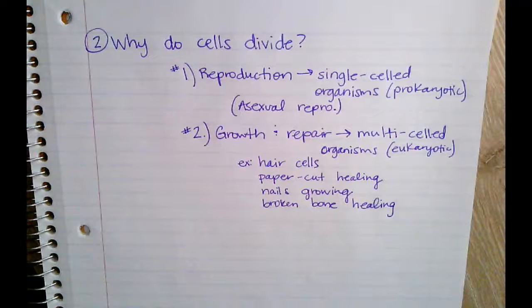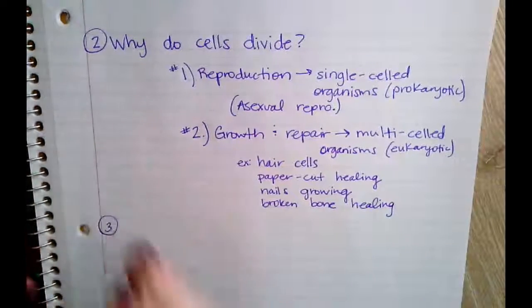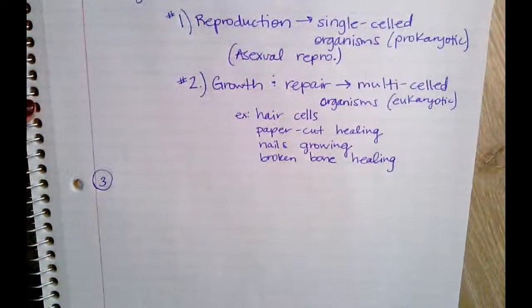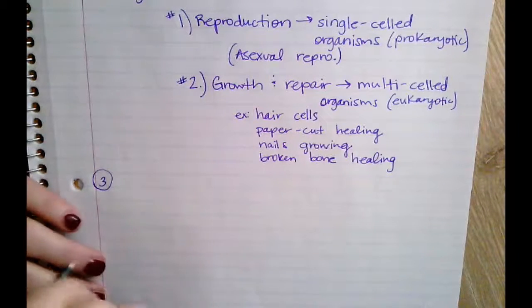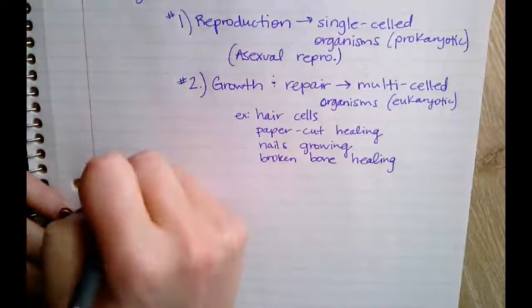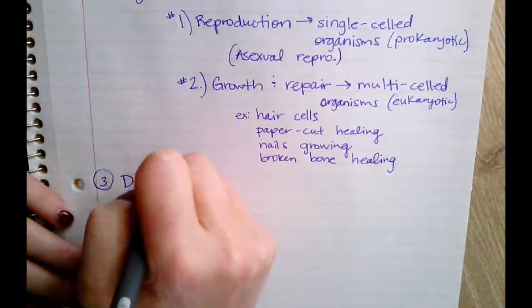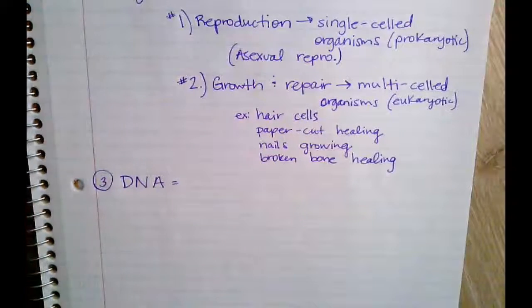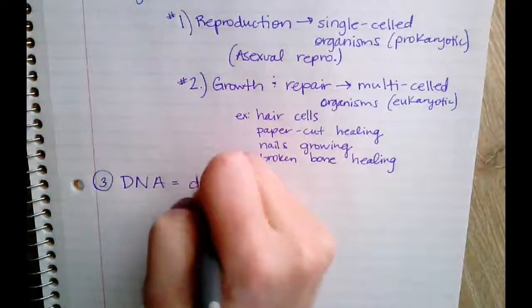Another thing you guys need to know is what the genetic material is called. The genetic material is basically those chromosomes inside of the cell. So basically we need to know what DNA is. DNA, I hope you remember what this stands for, but it is kind of a tricky word.